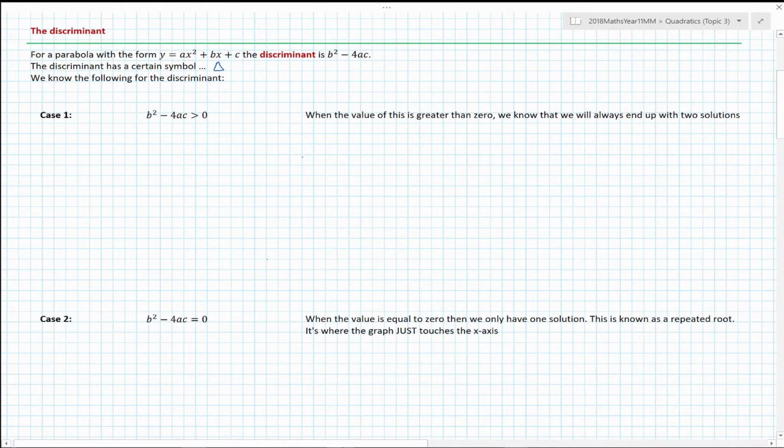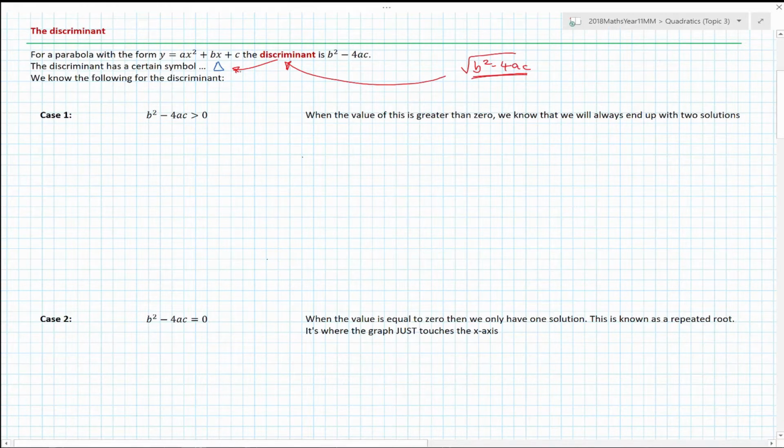Okay, so first things first, that thing underneath the square root bracket, the square root of b squared minus 4ac, this b squared minus 4ac is called the discriminant. And it has a little symbol, which happens to be a little triangle.